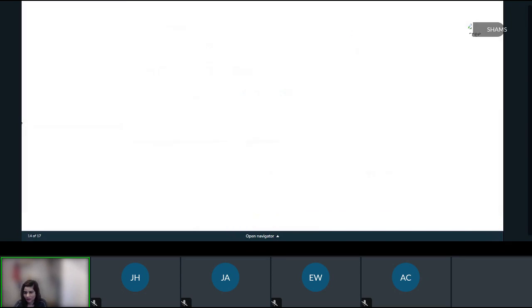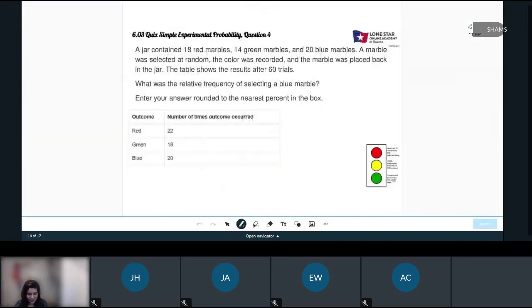Okay, let's move on to the third variety of question 4. A jar contained 18 red marbles, 14 green marbles, and 20 blue marbles. A marble was selected at random, the color was recorded, and the marble was placed back in the jar. It is a result of 60 trials. So we know this table is the result of 60 trials.